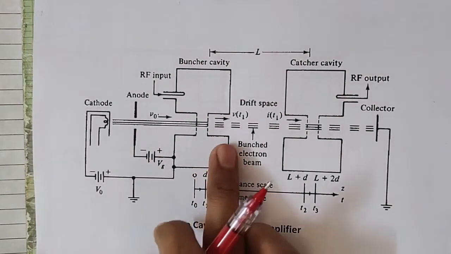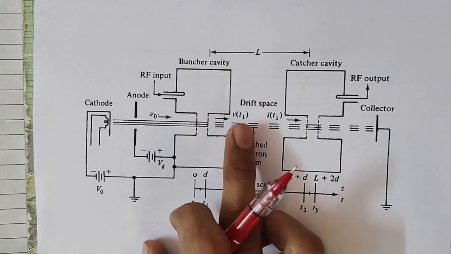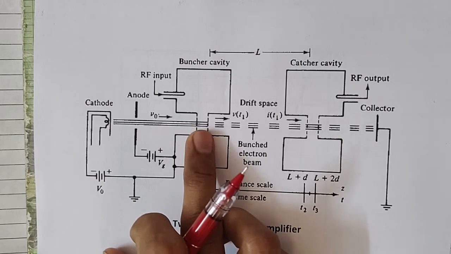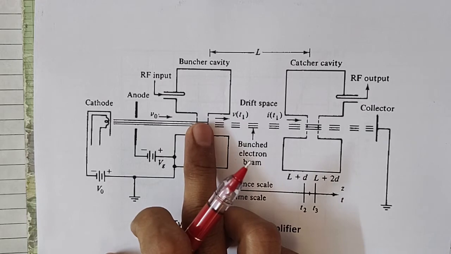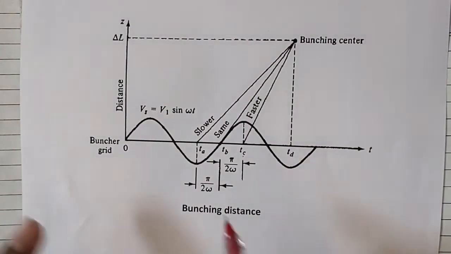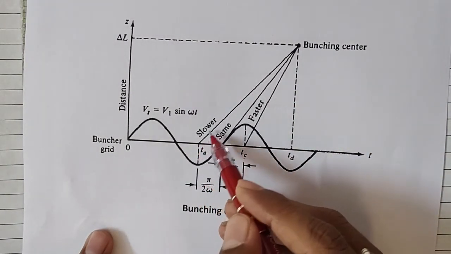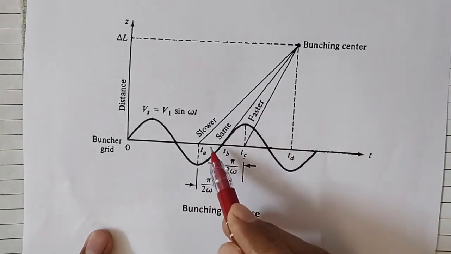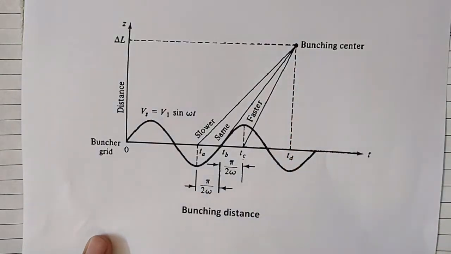So for the two cavity klystron amplifier, we would like to obtain the expression for V of T1. We said that when electrons enter the buncher cavity, there is a presence of RF signal, and because of the RF signal, few electrons will travel with higher velocity, few electrons will travel with slower velocity, depending on the amplitude of the RF signal, and as a result, after traveling a certain distance, they would form a bunch.